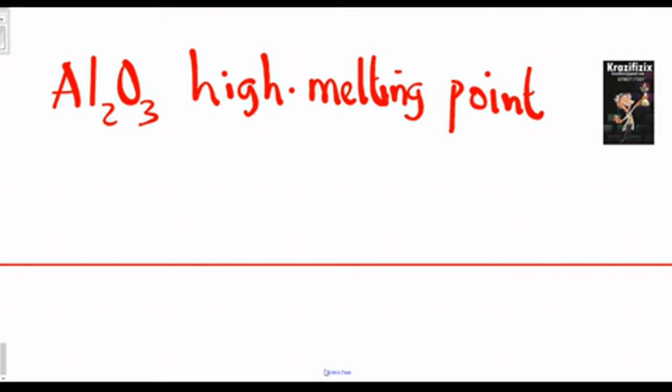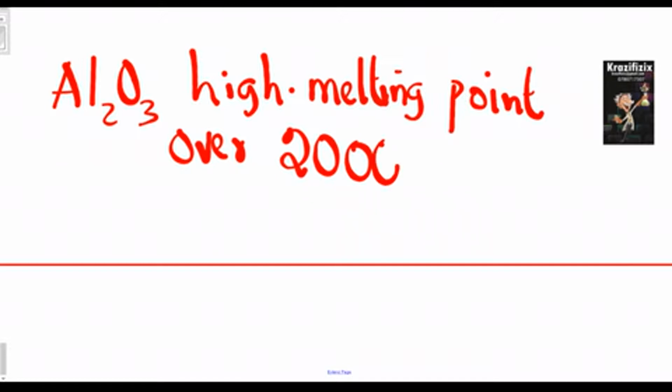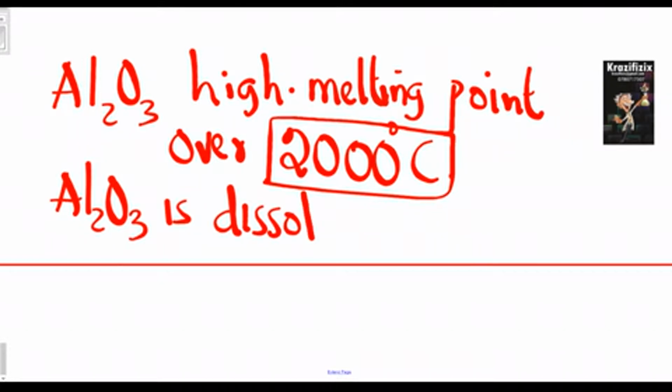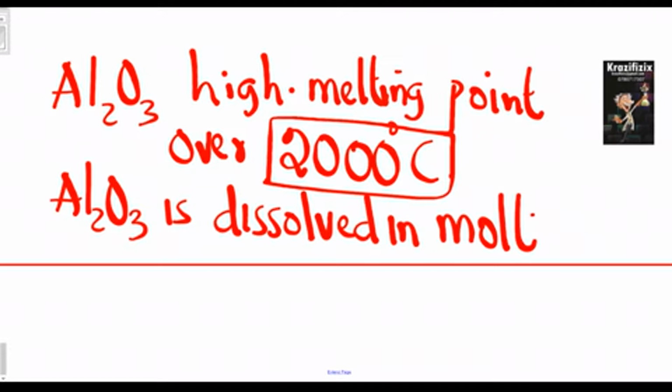We need a large amount of electricity. Actually, the melting point is over 2,000 degrees Celsius. This is very high, so this would consume a lot of electricity. In order to deal with this melting point issue, we now dissolve Al2O3 in molten cryolite.